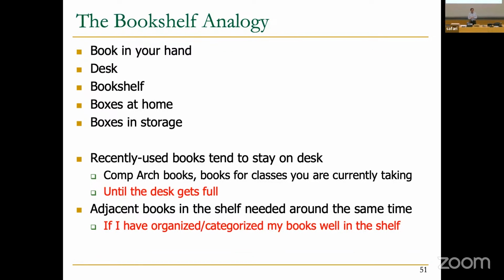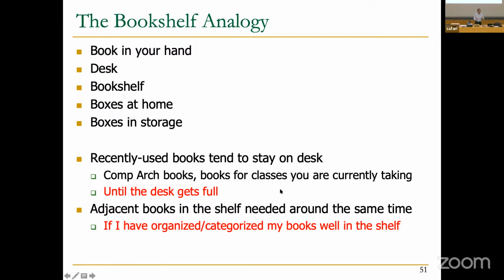You're exploiting the temporal locality principle. The book you're reading, you're going to continue reading for some time, hopefully, right? And once you're done, you're going to put it somewhere else. That somewhere else is probably the desk, or maybe the bookshelf again. Or maybe you hate the book and you send it to storage, or you start selling it somewhere, right? That's another. So basically, this is the analogy, I think. Book in your hand, desk, bookshelf, boxes at home, boxes in storage, and the hated book somewhere else.